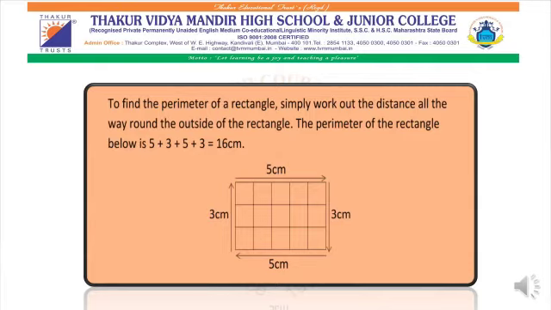Right? The length of all the four sides, we need to add it. After adding it, whatever the number we will get, that is called the perimeter of the rectangle. And the unit for writing down the perimeter is centimeter.